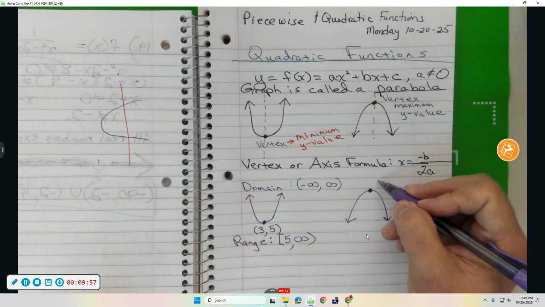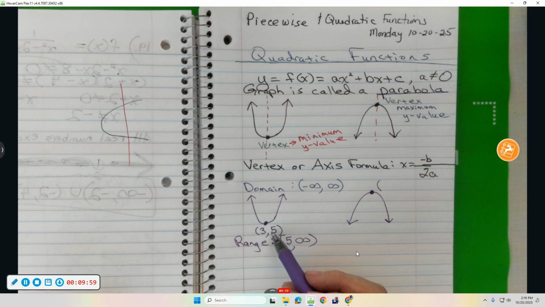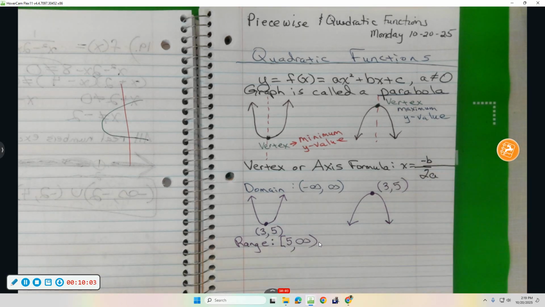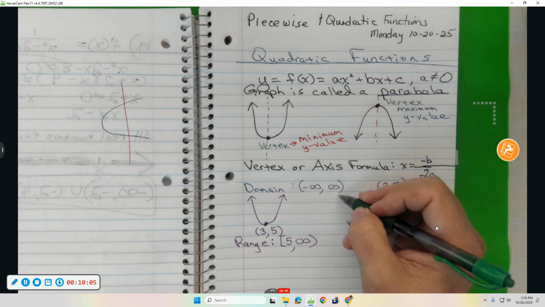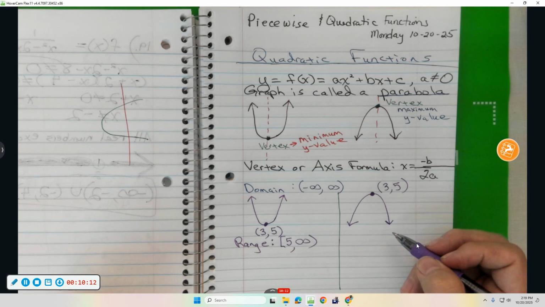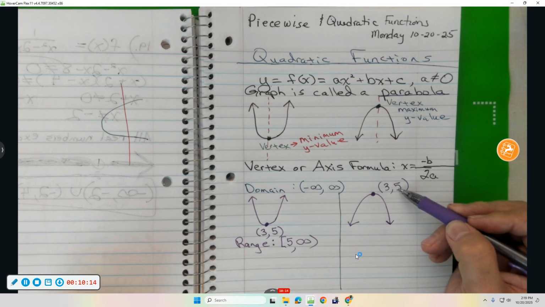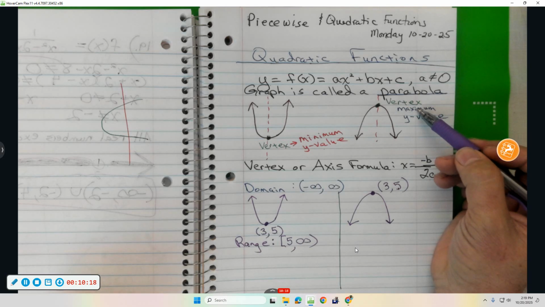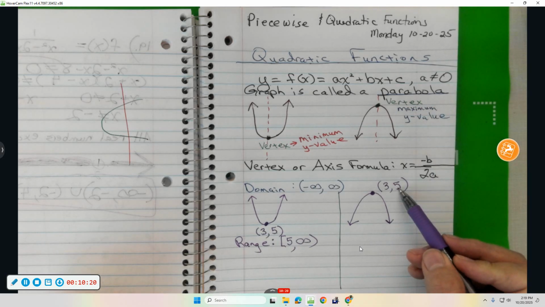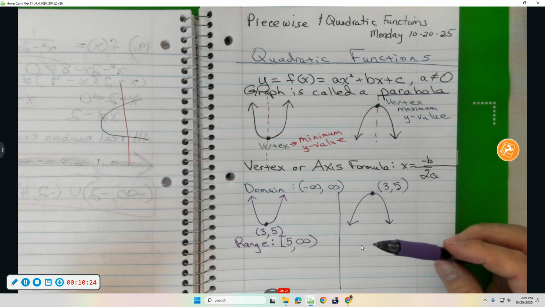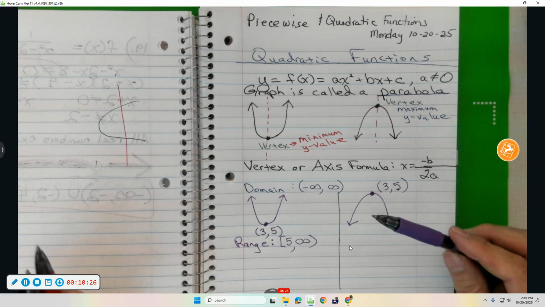Now let's suppose I'm going to use the same vertex, 3, 5, but the parabola is opening downward. This vertex corresponds to the highest point on the graph. That means that's the maximum y value. So, remember with interval notation, you have to go small to big.